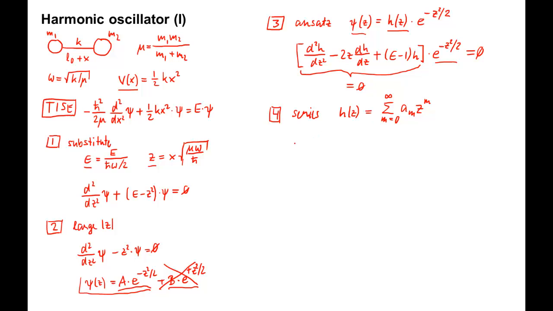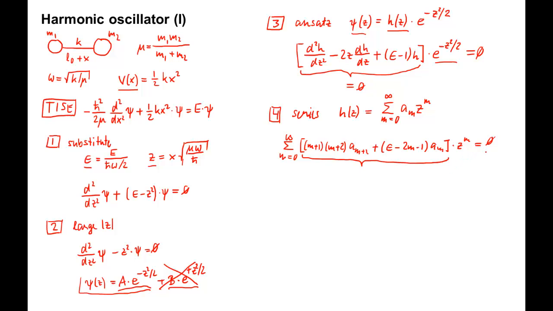After a bit of work, we get the sum over m equals 0 to infinity of m plus 1 times m plus 2 times a_(m+2) plus epsilon minus 2m minus 1 times a_m, all in square brackets, times z to the power of m equals 0. This is another polynomial in z, with a coefficient in the brackets.